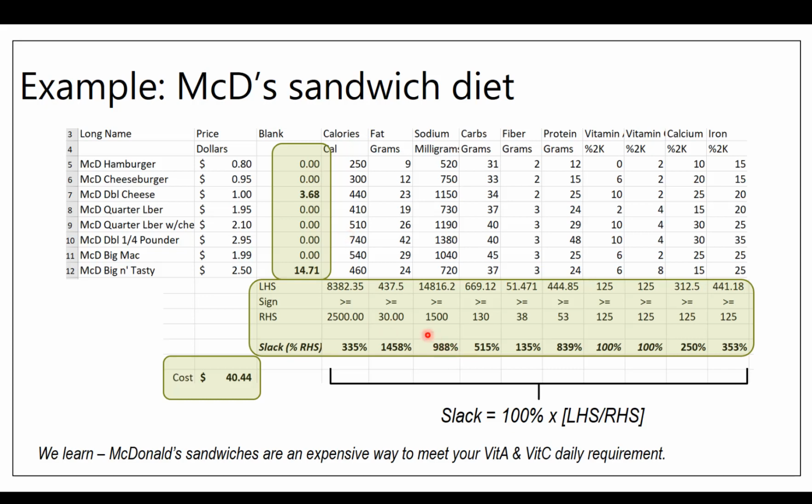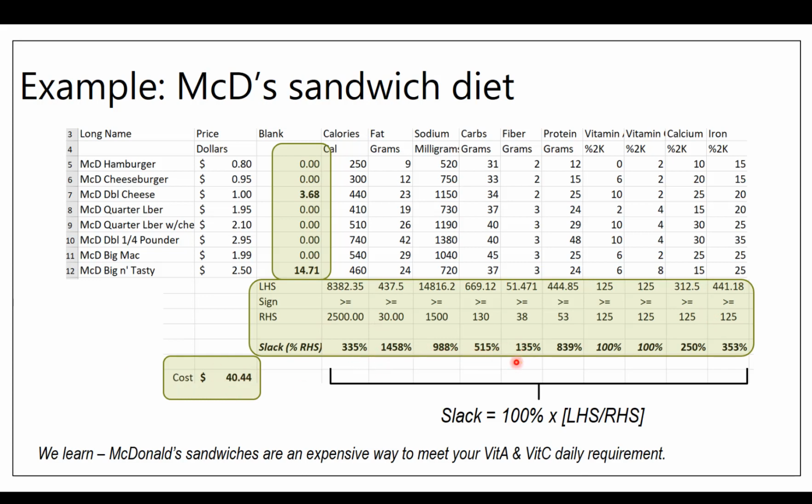Okay, this is the same thing that I showed in class the other day. If we did something like a McDonald's sandwich menu, and here's just a few, maybe 7 or 8 of the McDonald's sandwich menu items, with prices and nutrition content, and asked, what does it cost me to eat, hitting all of these nutrition targets or requirements using only the McDonald's sandwich menu, you see it's $40 a day.